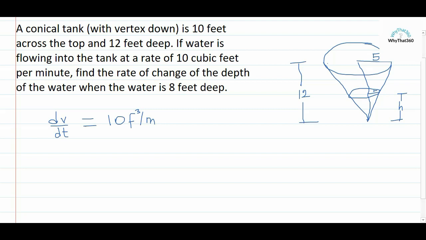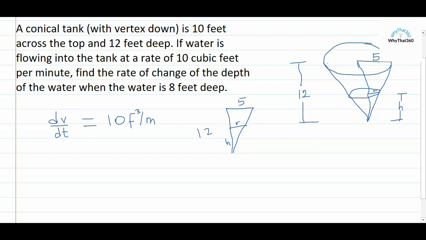Looking at this rough sketch, we can see we have two triangles here, one with a radius of 5 and the other with a radius of r. I'm going to make a rough sketch of that over here. We have 5 here, small r here, h here, and the whole of this side to be 12.